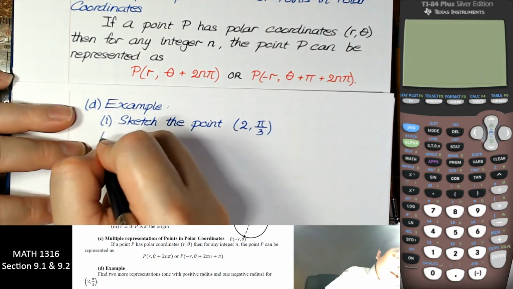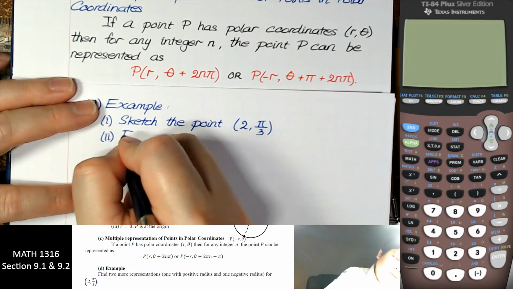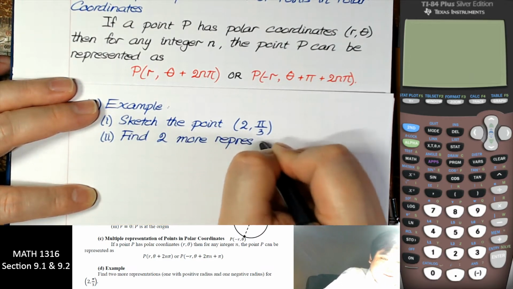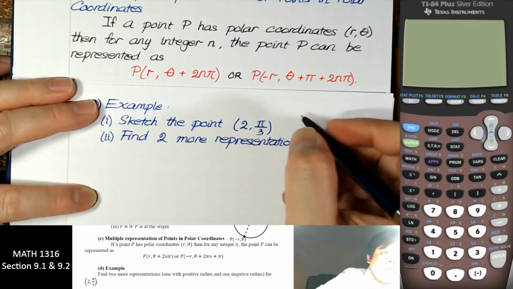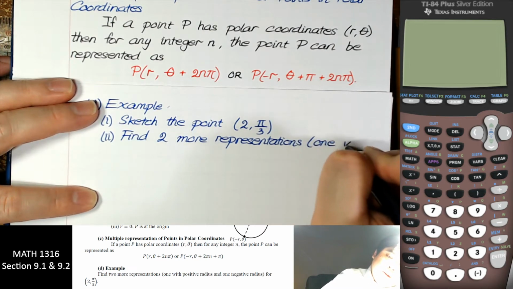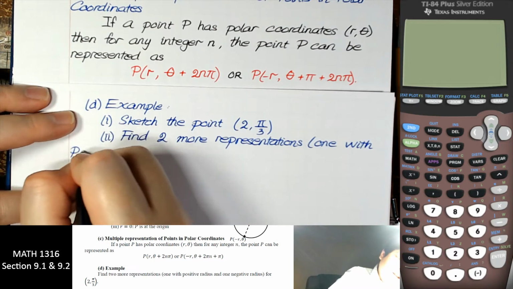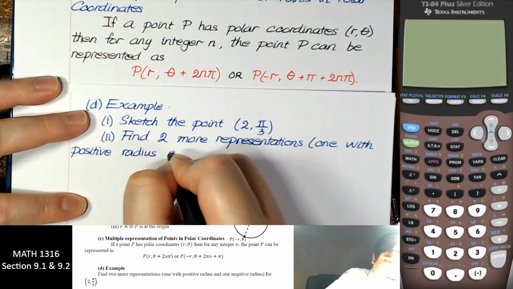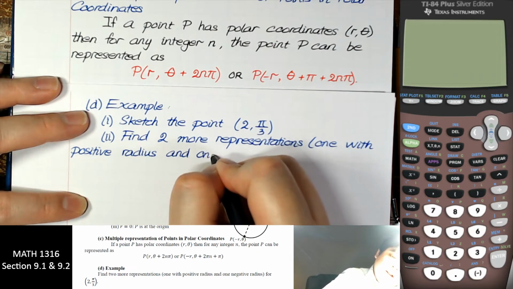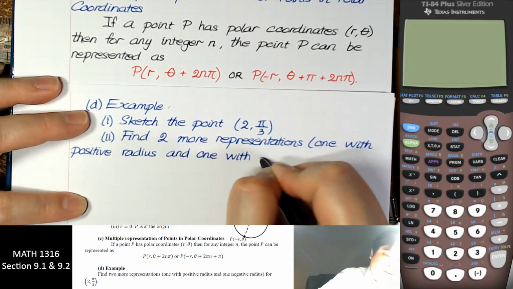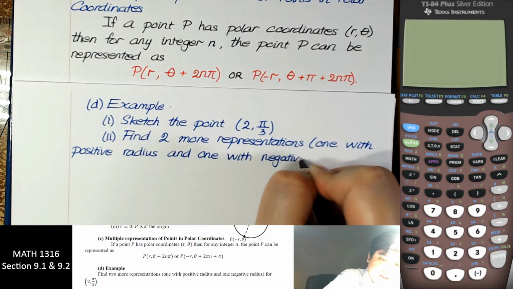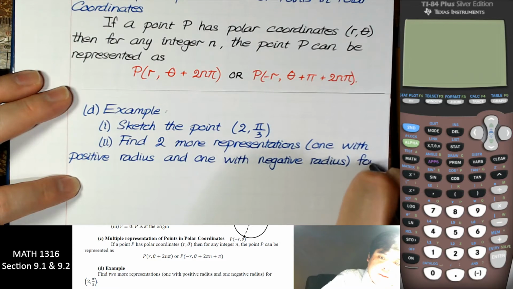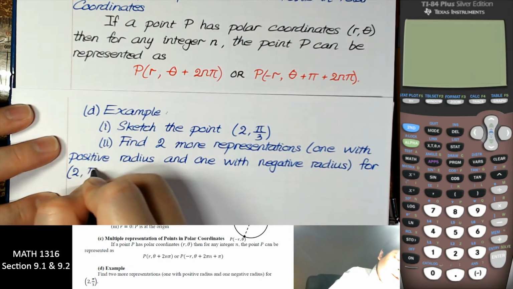I will do that first, and after that I'll find two more representations, one with positive radius and one with negative radius, for (2, pi over 3).